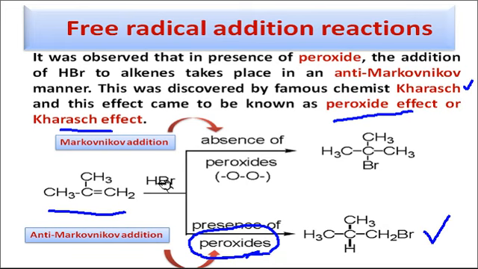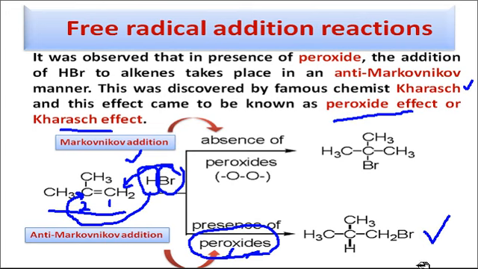That means if Markovnikov addition says that hydrogen will attack the first carbon atom because it has the higher number of hydrogens, then if this reaction is carried out in the presence of peroxide, it happens in the anti-Markovnikov manner. Now the hydrogen attacks the C2 carbon atom and the bromine attacks the first carbon atom.